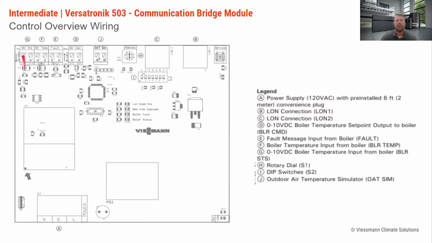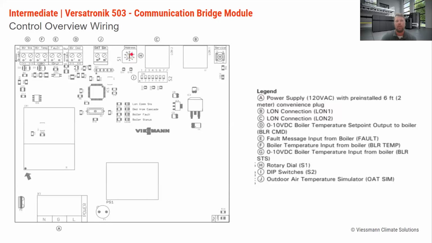And the boiler status of the 0 to 10 volt burner position feedback is going to tell this unit exactly what modulation rate the boiler is currently at. We're going to be able to read the boiler's temperature, any active fault codes, and then change its 0 to 10 volt signal accordingly. We are also going to have a rotary dial here. This rotary dial, or S1 rotary dial, this is how we're going to address the LON participant number.